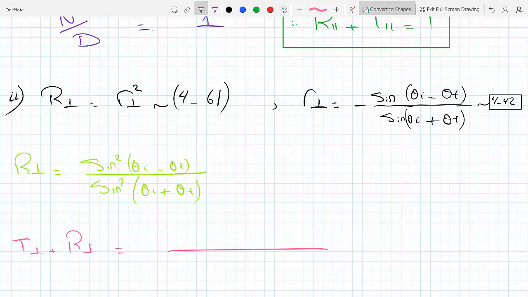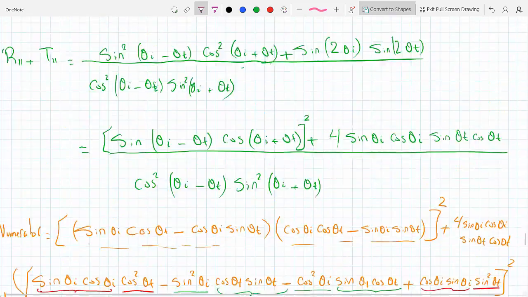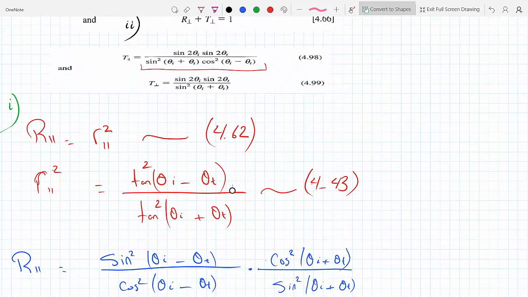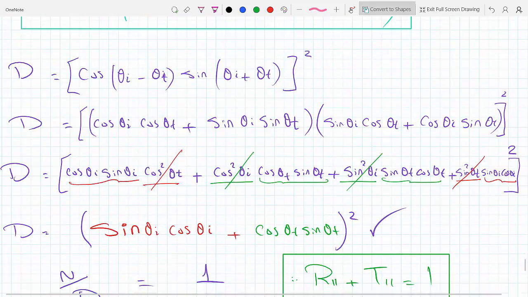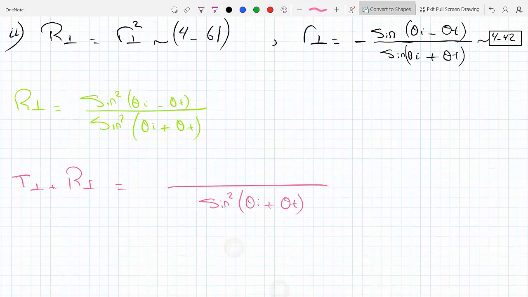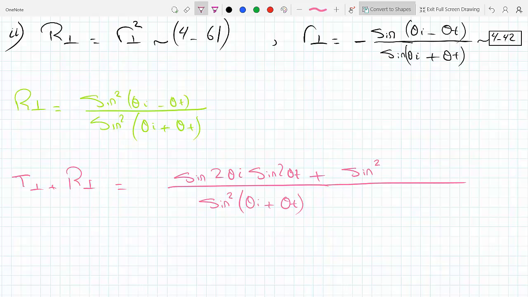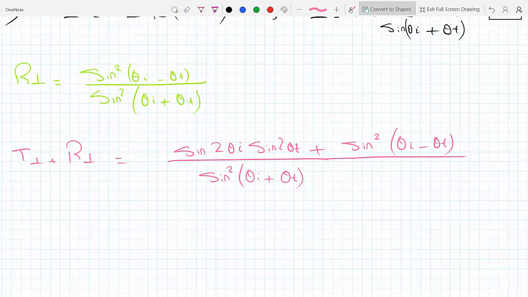Since they have the same denominator, I can just lay them over sine squared theta I plus theta t, and on top, that was sine 2 theta I sine 2 theta t plus sine squared theta I minus theta t.